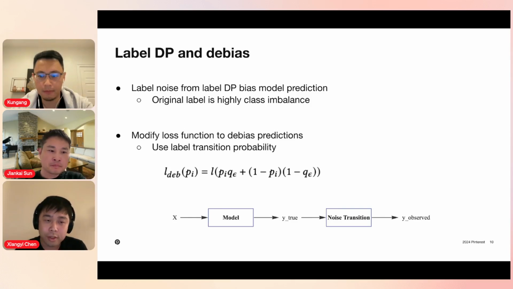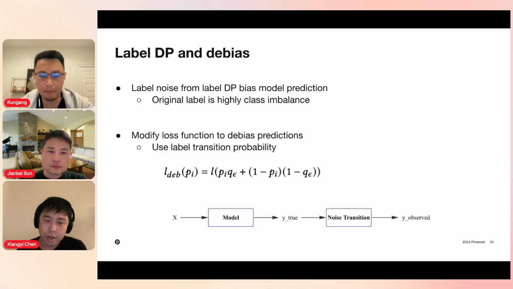But one issue when we apply this label DP directly is that a significant amount of noise is added to the labels, and this will make the model very miscalibrated if we train directly using the noisy labels. To deal with this problem, we also propose a correction in the loss function.